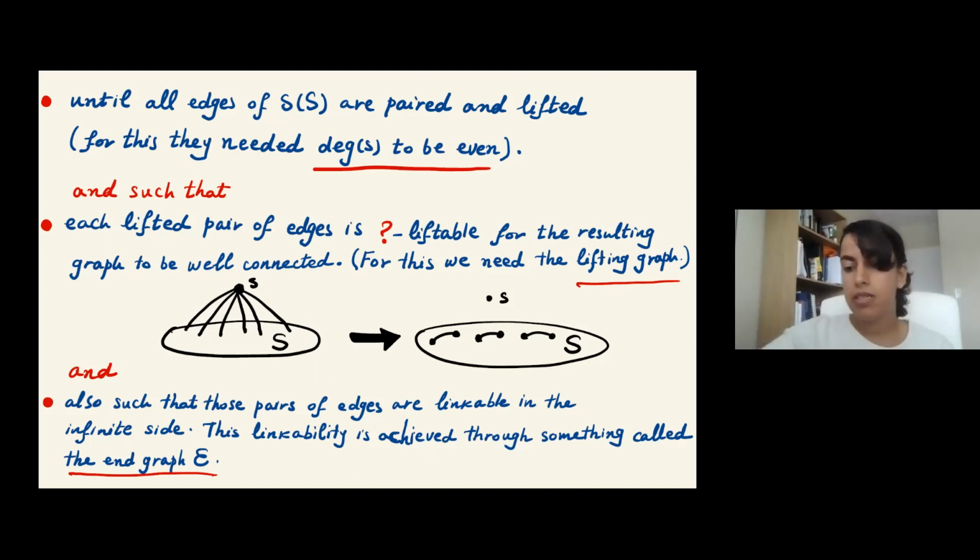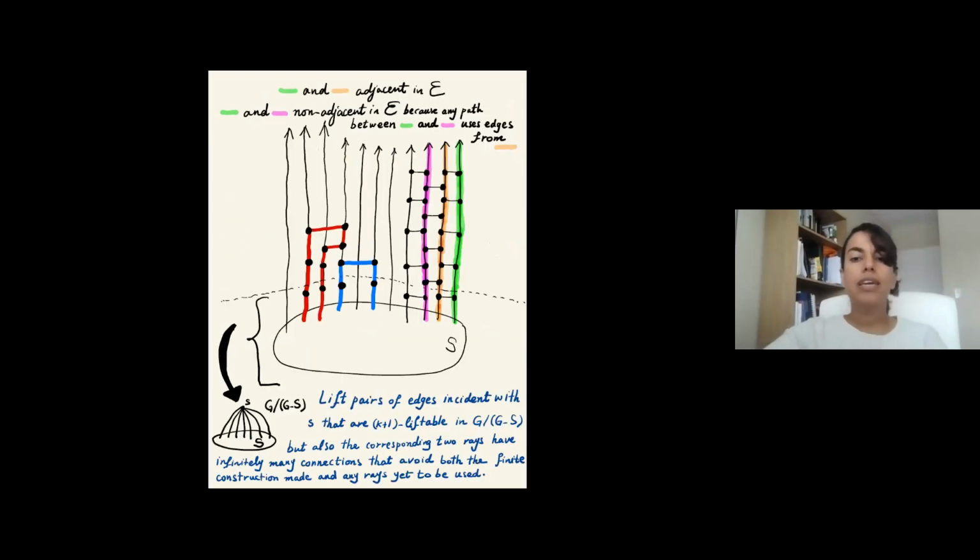And this linkability is achieved through something called the end graph. So this picture summarizes what happened in the proof. The end graph is defined like this. You can look at the rays here, the green ray and the orange ray.